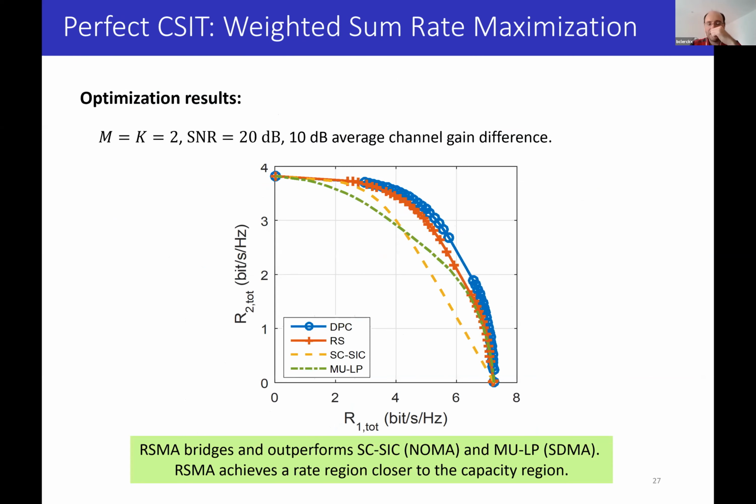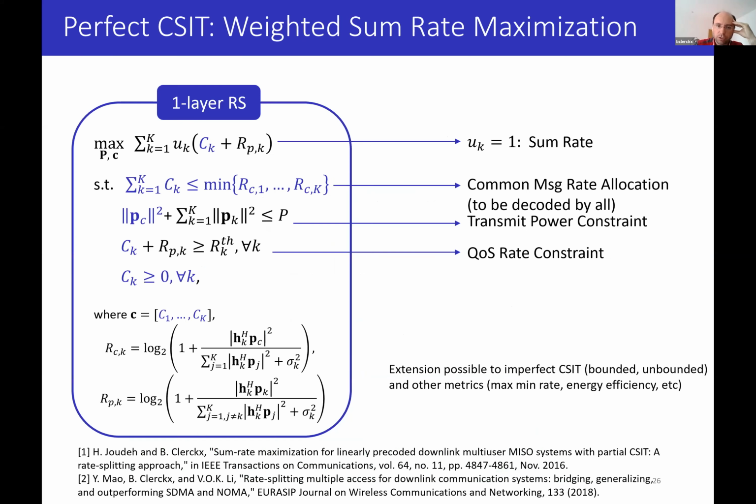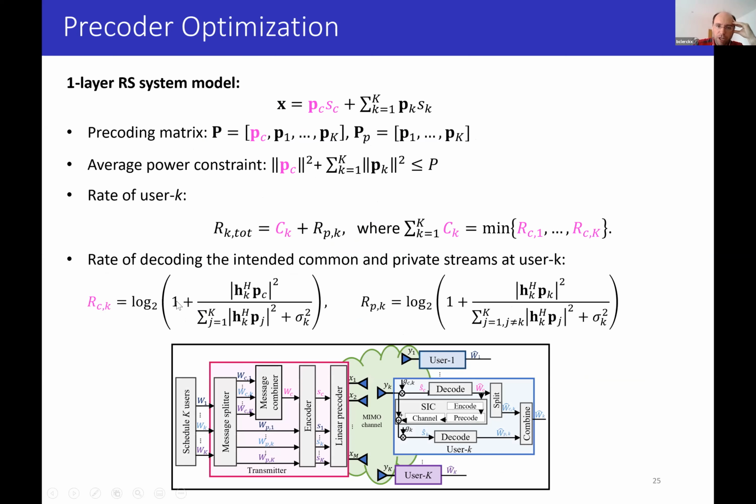Yes, SIC is perfect, and the reason for this is because those rates are always achievable. If you have perfect CSIT, those rates are achievable. That means that under Shannon theory, with infinite block lengths and Gaussian signaling as we have here, because we use those log2 expressions, if the rate is achievable, there is actually no error.